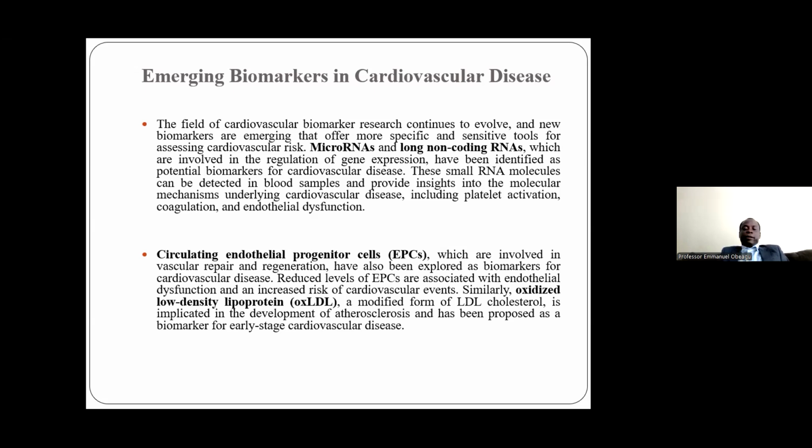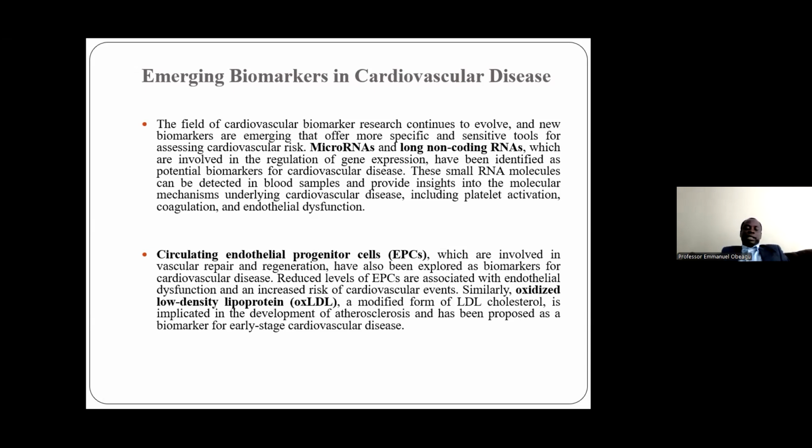And then, of course, reduced levels of EPCs are associated with endothelial dysfunction and an increased risk of cardiovascular events, which means they have to be maintained at their normal level to avoid reduction, which will affect the endothelial walls. Similarly, oxidized low density lipoprotein, also oxidized LDL, is a modified form of LDL cholesterol, which is implicated in the development of atherosclerosis and has been proposed as a biomarker for early stage cardiovascular disease.